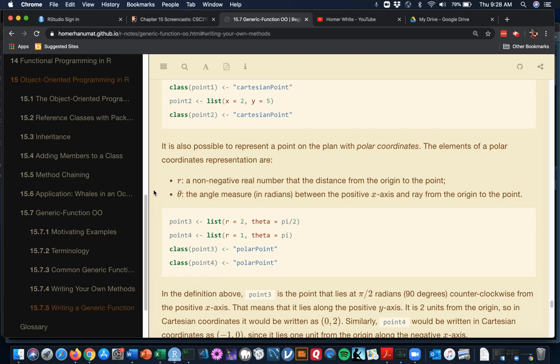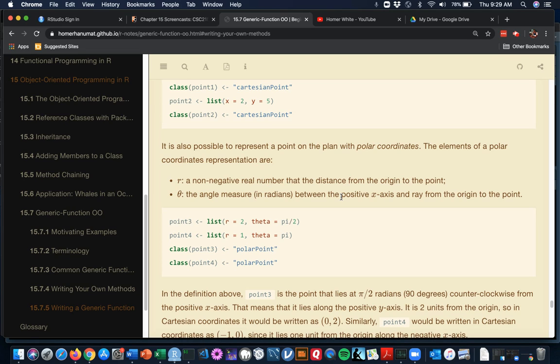Now, many of you will know that Cartesian coordinates are not the only way to represent the location of a point. You could also use polar coordinates. The way polar coordinates work is there are two numbers associated with the point. The first number, r, is a non-negative real number that represents the distance from the origin to the point.